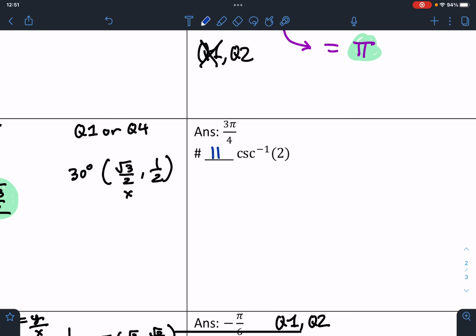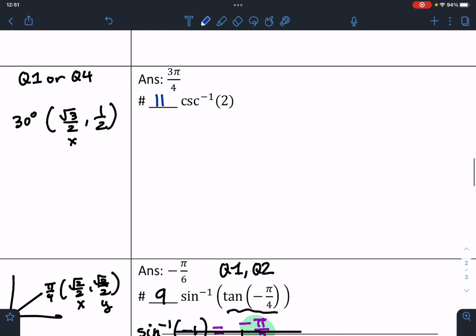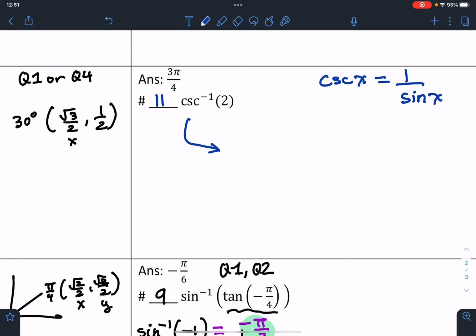All right, this next one is pretty tricky. So this one says cosecant inverse of 2. So you have to remember that cosecant, everybody, is the reciprocal of sine. So that means that everything is being flipped. So instead of thinking about cosecant inverse of 2, you should think about sine inverse of a half.